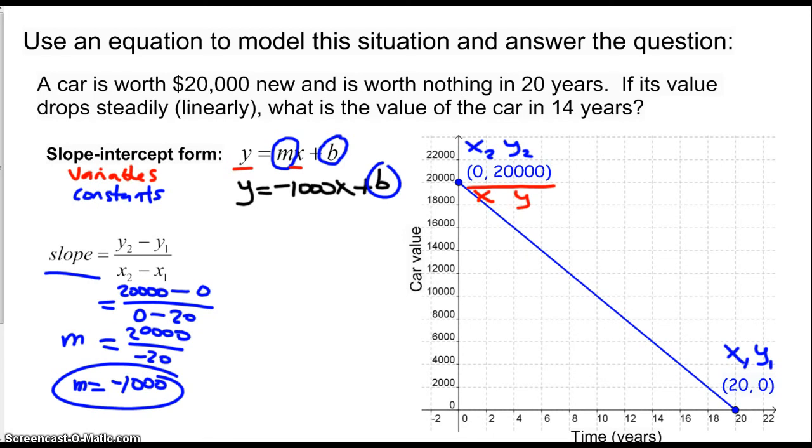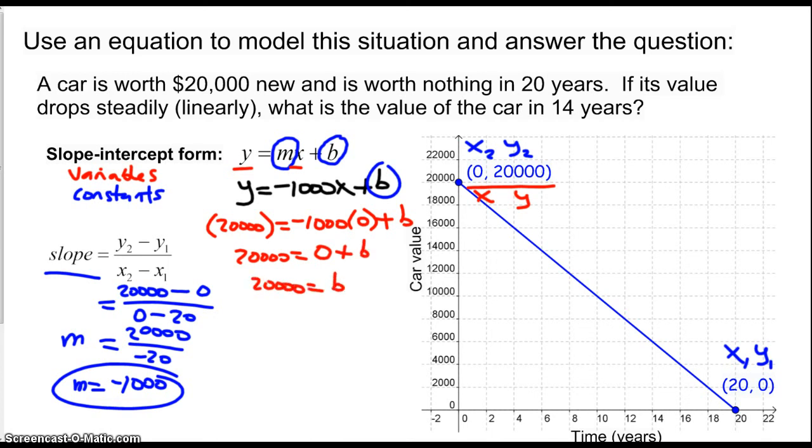So one way to do that is to take my equation and plug in 20,000 for y, and plug in 0 for x, and then solve for b. Okay, so I'm going to do that. Let's see, what I've got here is 20,000 equals, well, 0 times negative 1,000 is 0, plus b, and that means the correct value for b is 20,000.